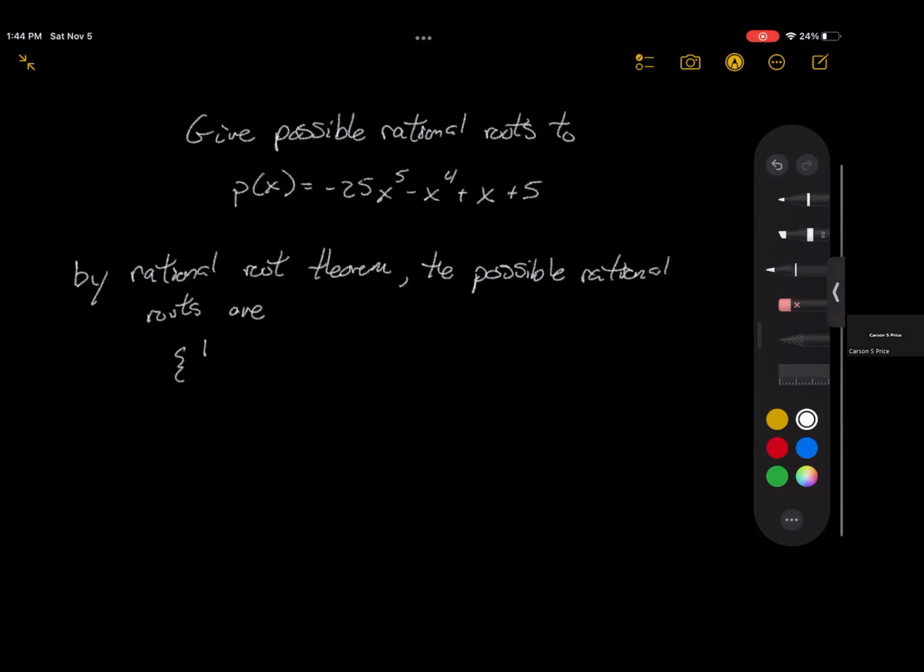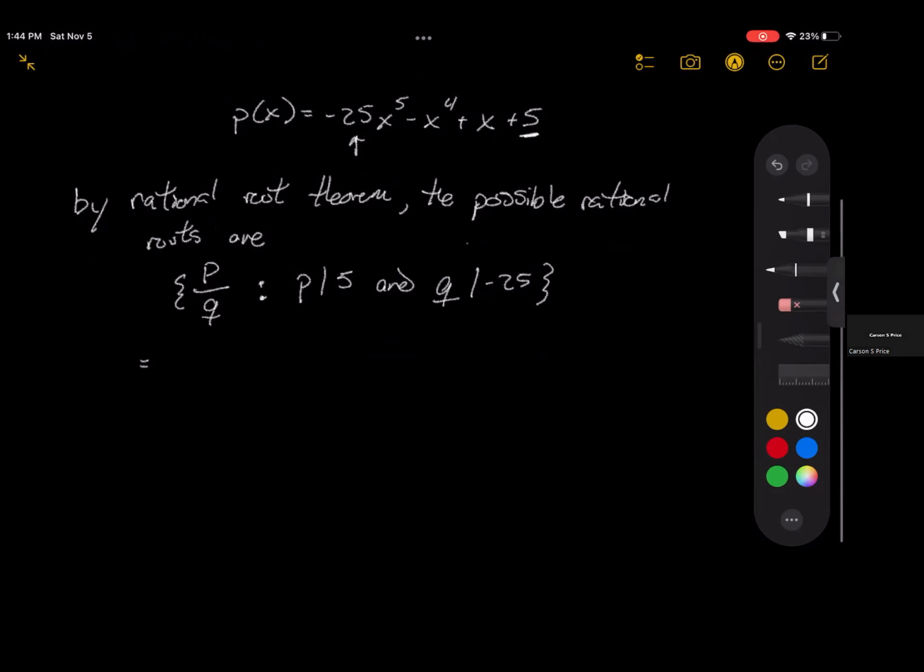Right, they're going to be, of course, rational, so they can be written as a fraction, p over q, where p and q are integers, where p has to divide the last term, the constant, so this 5. And we also need q to divide the leading term, this minus 25.